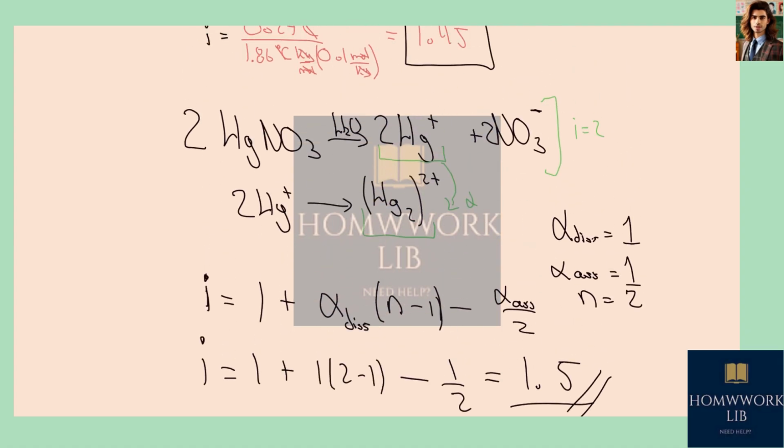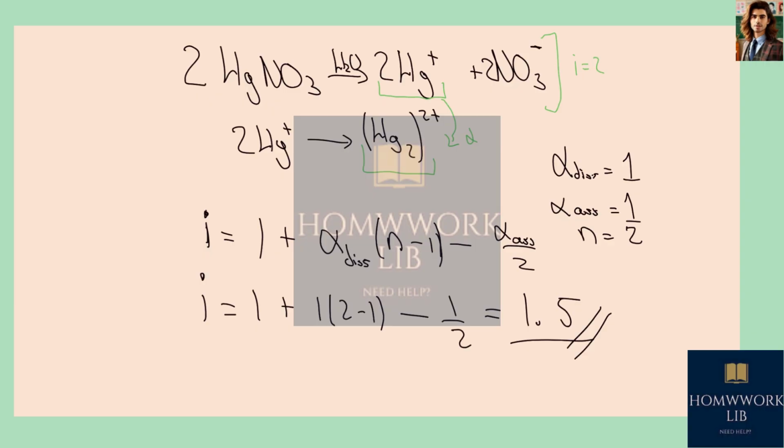So, as you can see, what is happening here is that almost all of the compound is going to dissociate, and almost all of the mercury is going to associate to produce Hg2 2+.